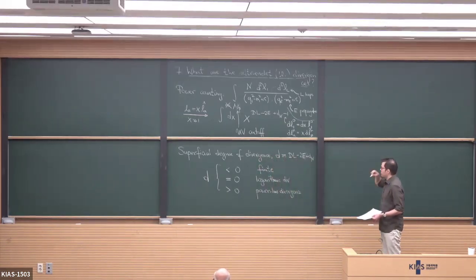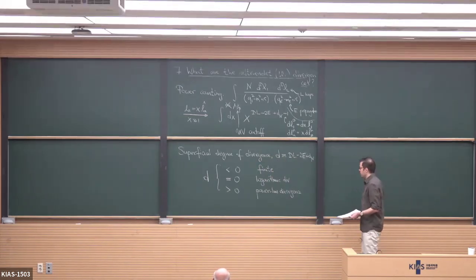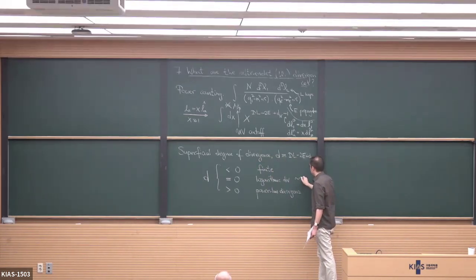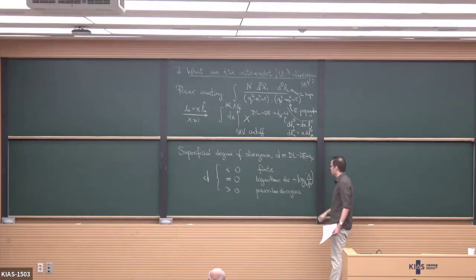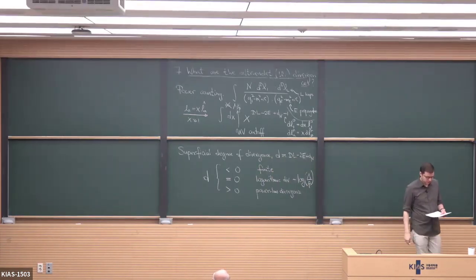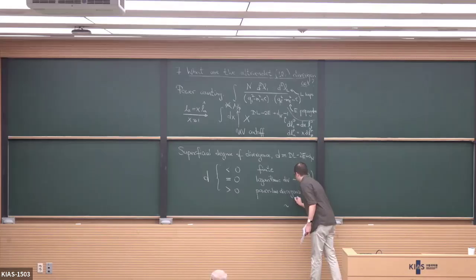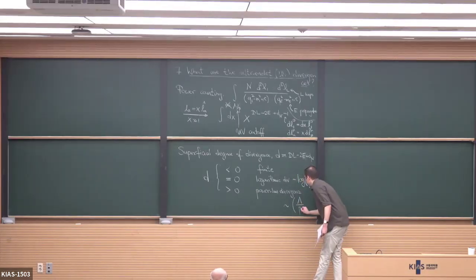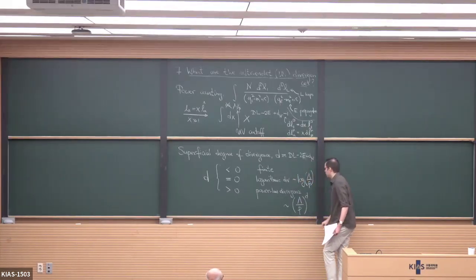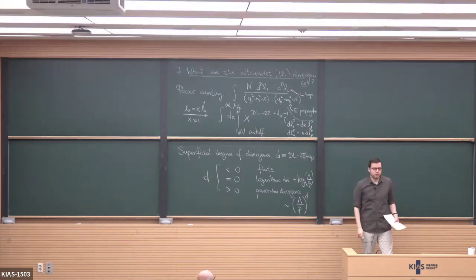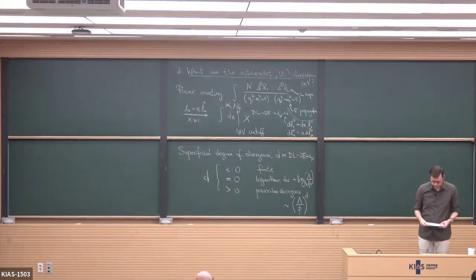If you actually wanted to study the dependence on the cutoff, the logarithmic divergence is going to give you a divergence of the type log of the cutoff lambda divided by some momentum scale. And likewise, for the power law divergence there's a very similar exercise you can do. It's going to give you lambda over p to the power d, the superficial degree of divergence, hence the name.